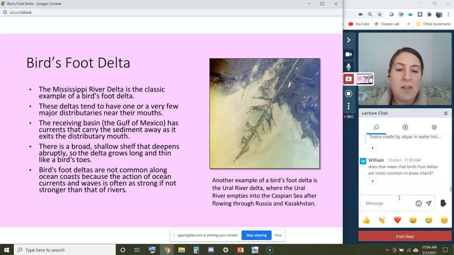That's why this one is feeding into the Caspian Sea, which doesn't have very many openings to the ocean, not a lot of tidal activity, not a lot of wave activity. So I would say bird's foot deltas are more common in areas where rivers feed into inland seas.